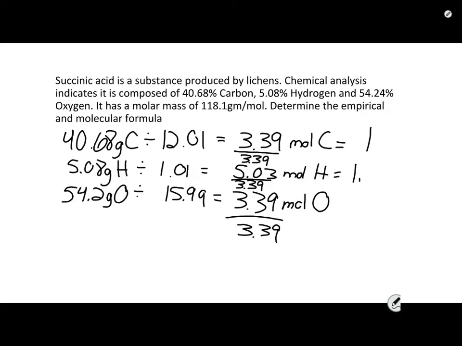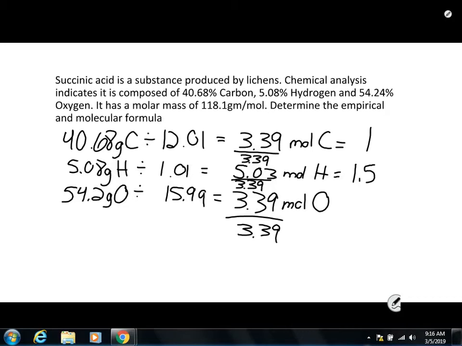1.48. To make it easy, I'm going to round 1.48 to 1.5. If it's ever close like that, round up. Make it easy on yourself. I'm going to round to 1.5 because that's going to make this a million times easier.